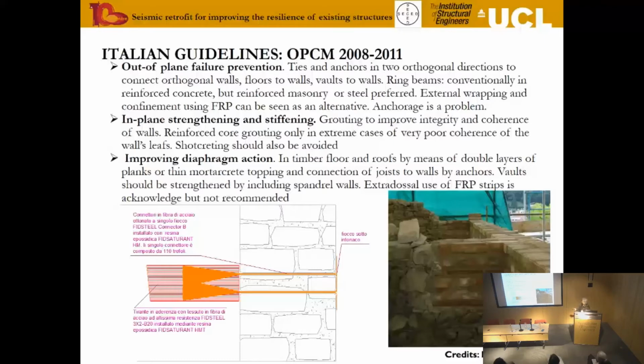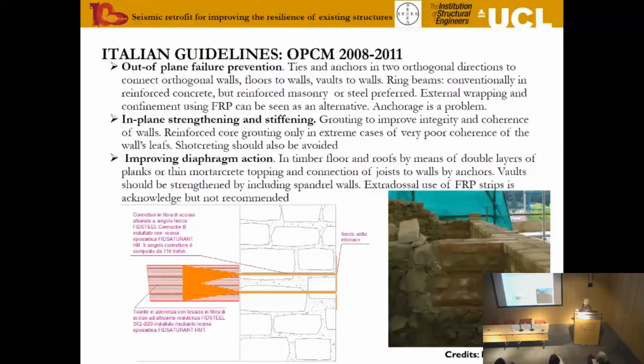In this particular case, you see a ring beam made with brickwork and then anchored back with FRP. This is one example of trying to define a different way of developing the so-called box effect.